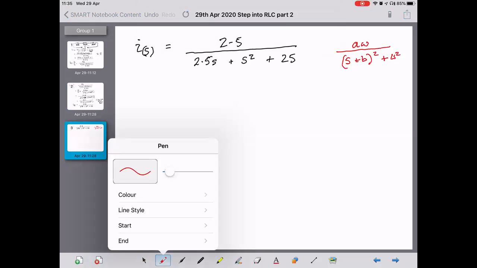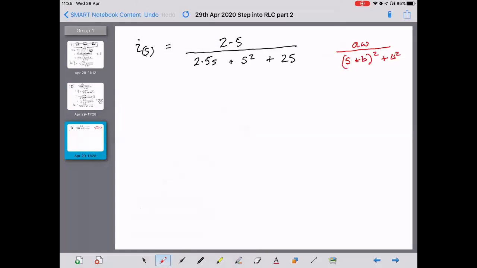And the reason for that is that it transforms back to an expression that is I e to the minus bt sine omega t, which is a damped sine wave.